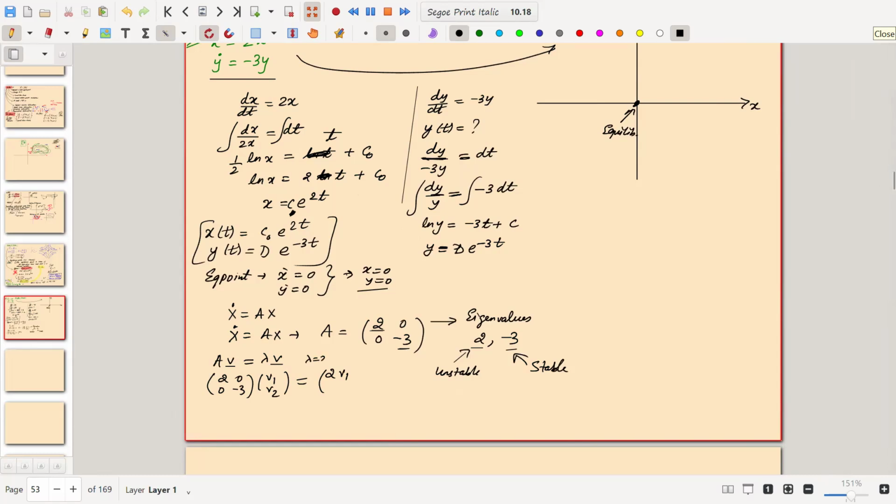For lambda equal to 2, what's the solution? Can you get solutions here? Ax equals lambda x. 1, 0. Is it? What's the idea?